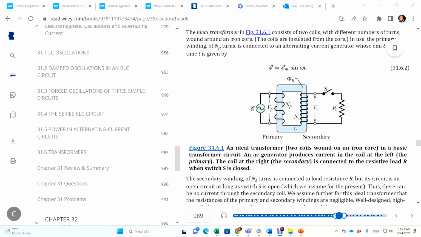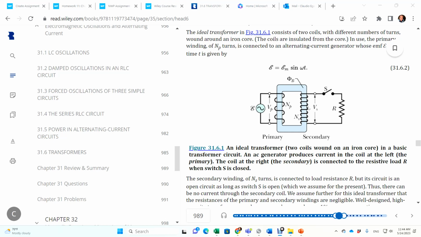Now those two are going to be talking with each other, right? What is this going to do? The magnetic field of the primary circuit is going to be concentrated here in the bar, and is going to induce an electric current in the secondary circuit. Okay?